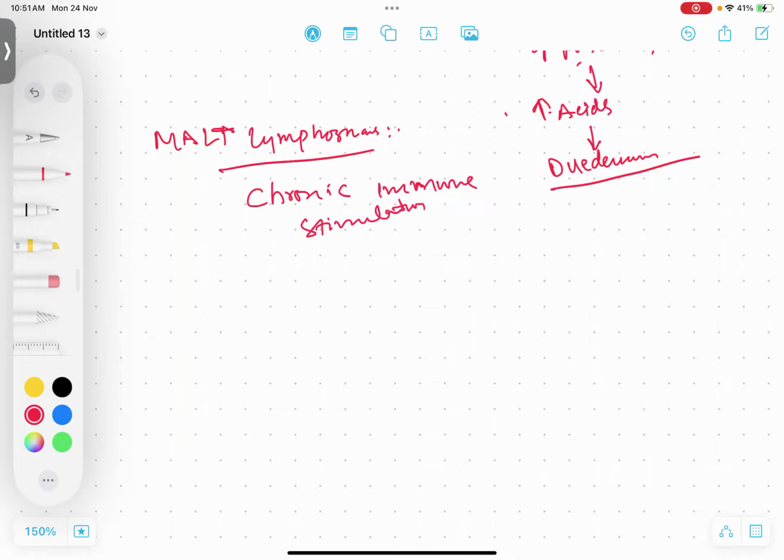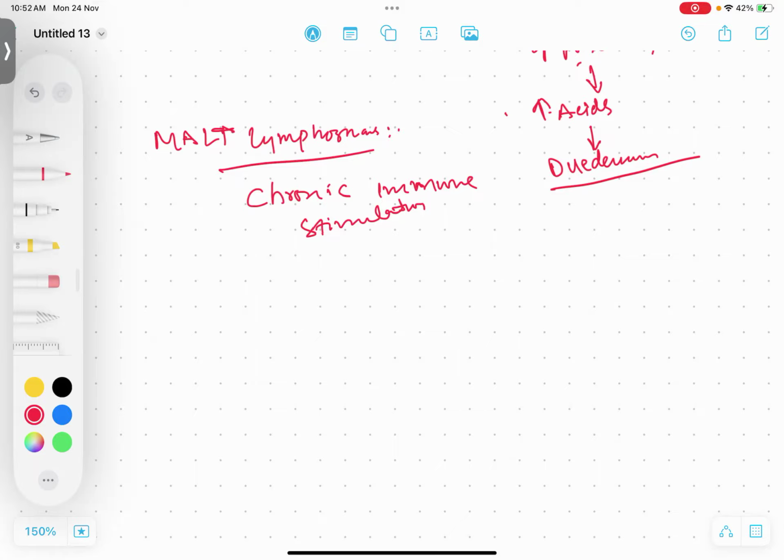And Helicobacter pylori infection is one of the important triggers for this chronic immune stimulation. It causes local recruitment and proliferation of T cells and B cells, right? This chronic immune stimulation in turn causes monoclonal B cells due to excessive stimulation by these H. pylori antigens.